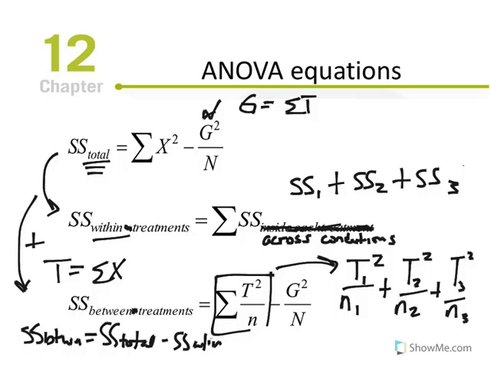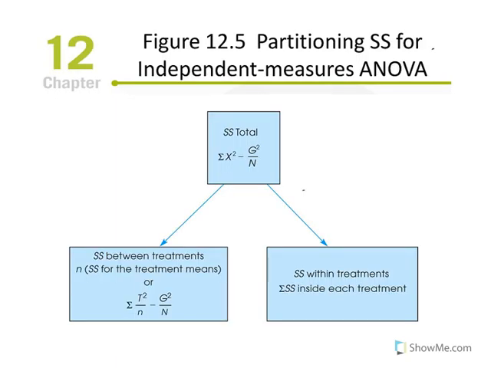Nonetheless, we should know and learn this equation to check or reconcile our answer and recognize that whether we use this equation or the simplified process, we should get the same answer for SS between.